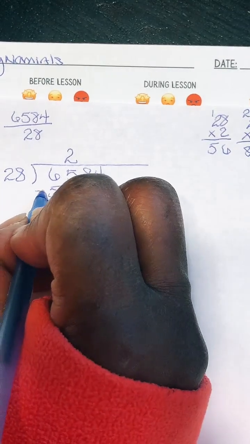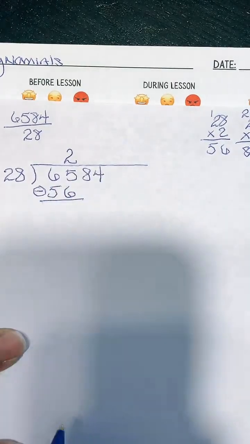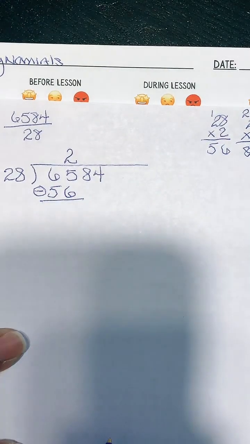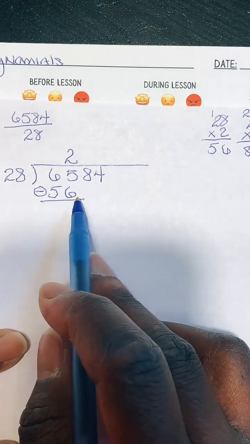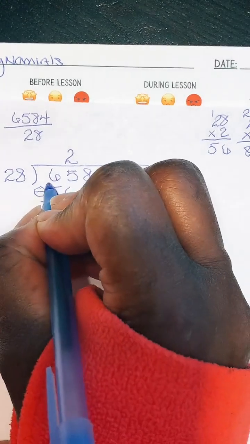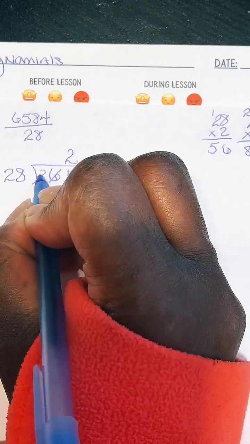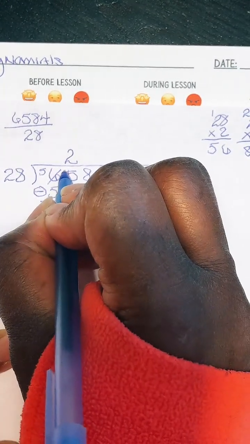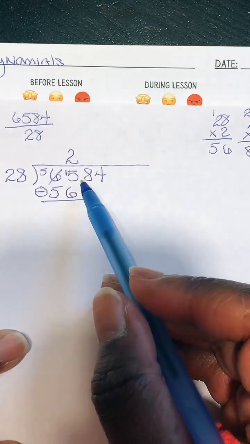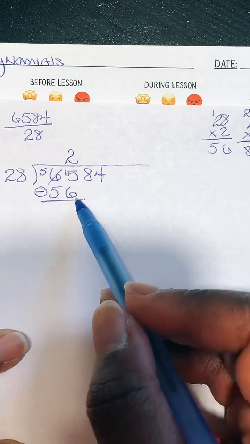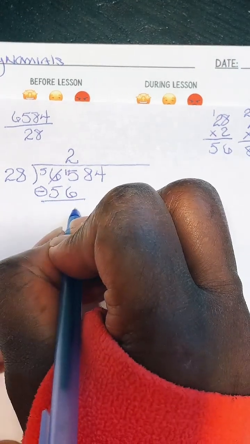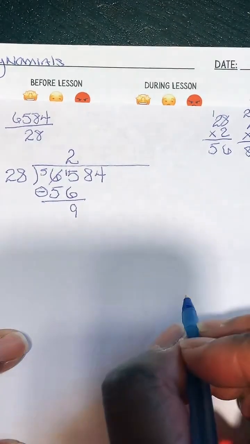Now we want to subtract. You always want to do some subtraction. So I can't subtract 5 minus 6. Can't do it. So I need to borrow from the 6. So now that's a 5. And instead of a 5, it's now a 15. So 15 minus 6, that will give me 9.